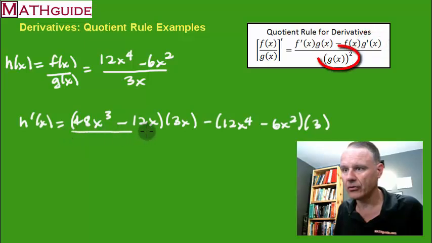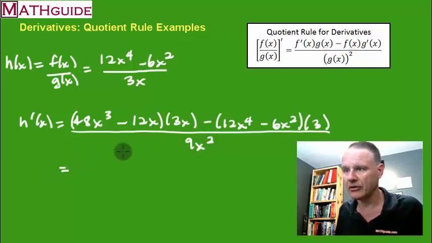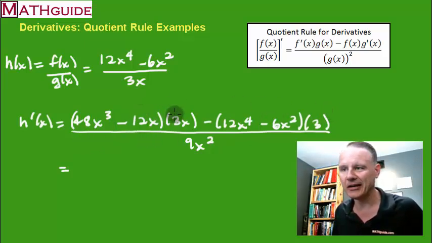And of course, the whole thing is over the square of the denominator. If I square that, I get 9x squared. It's leaning a little to the right here, but anyway, let's do a little bit of algebra. Let's multiply everything through here by 3.